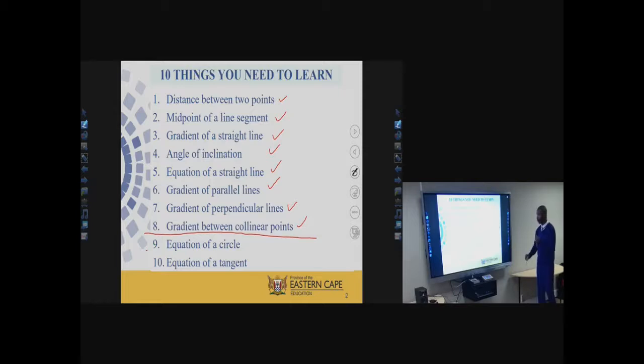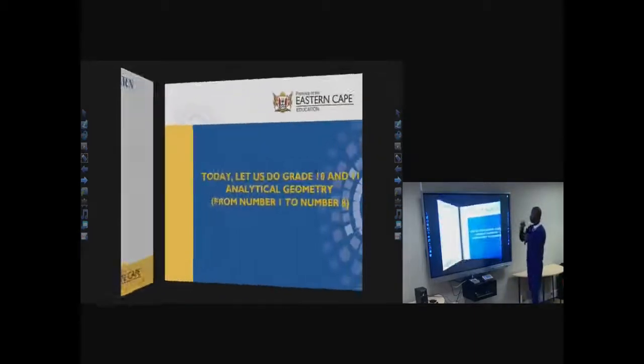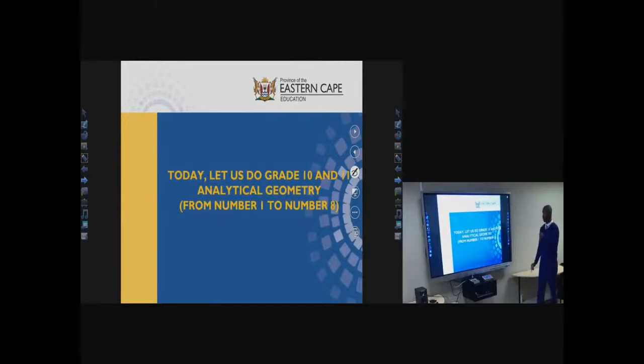So it is very important, therefore, to understand that number 9 and number 10, much as they are in grade 12, the basics are needed in order for you to be able to do that. That is why now we could not just go straight to grade 12 and do number 9 and number 10.